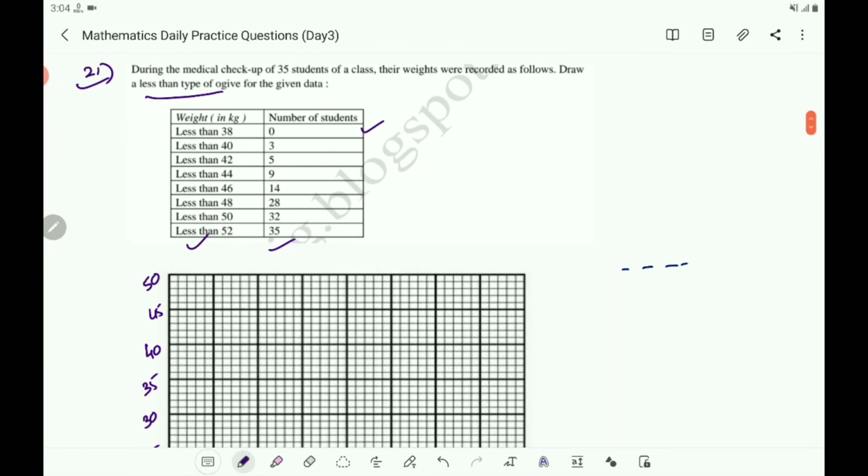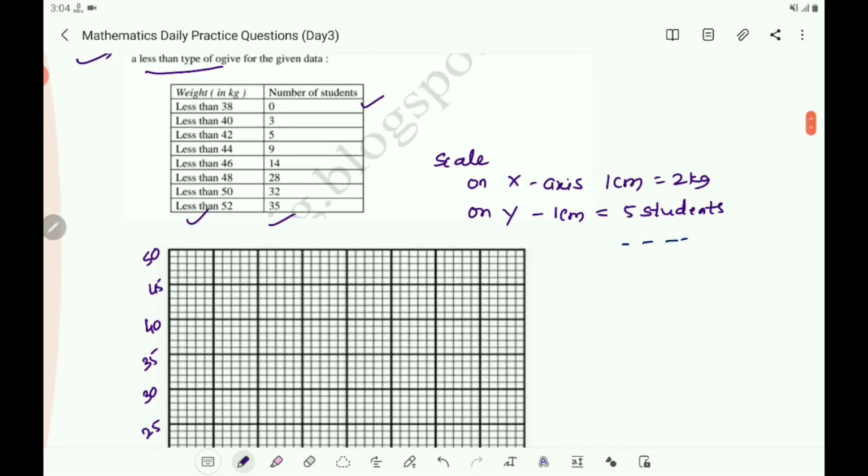What is the scale we have taken? Scale on x-axis, 1 centimeter equals 2 kg, and on y-axis, 1 centimeter equals 5 students. Also you can take 1 centimeter equals 5 units in the place of kg, and you can write units also.